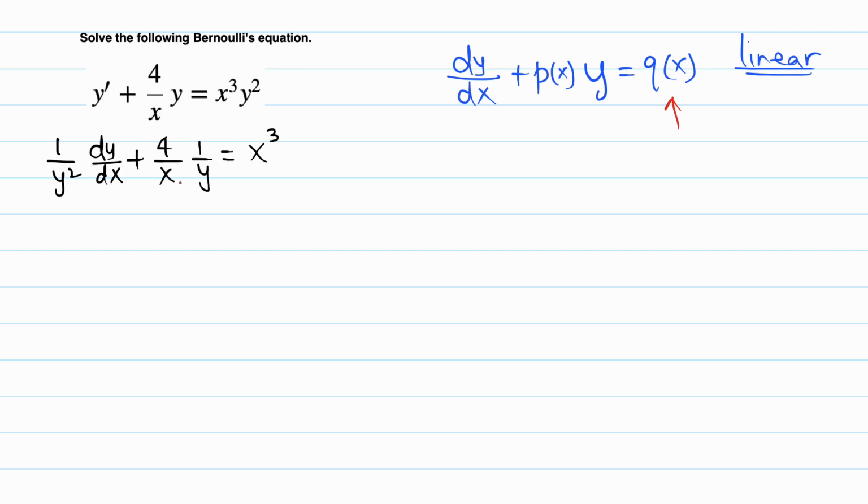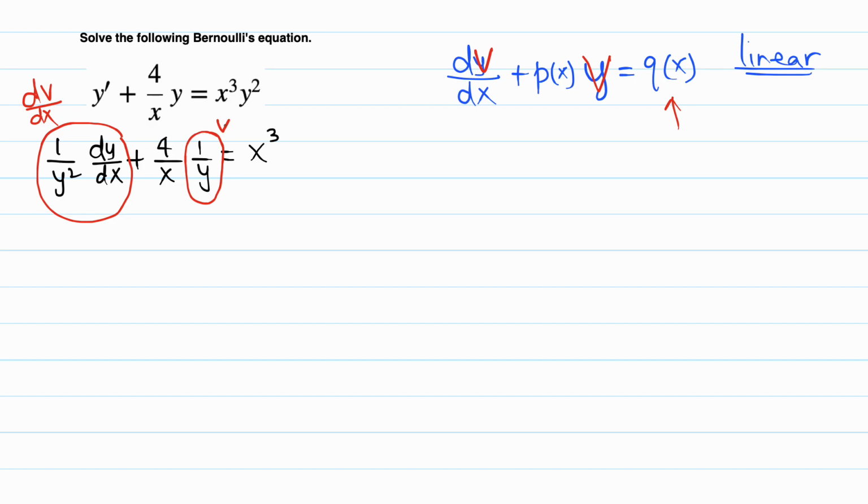So if we let 1 over y be v, and somehow we are able to convert this into the derivative of v with respect to x, then this is v and here is dv over dx. So linear in v with respect to x. Once we have a linear differential equation, we can find the integrating factor and solve. So that's what we do.